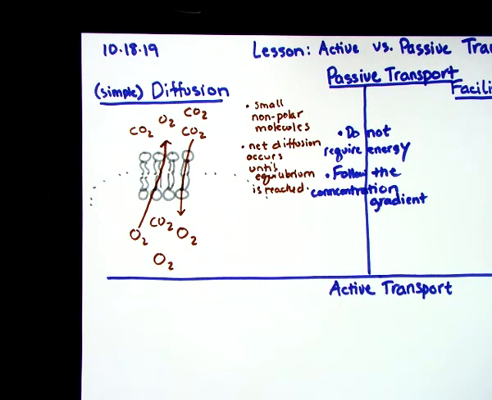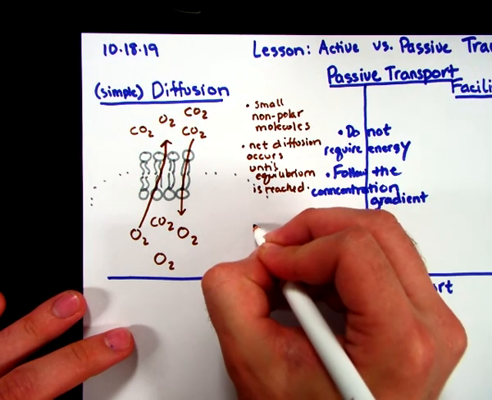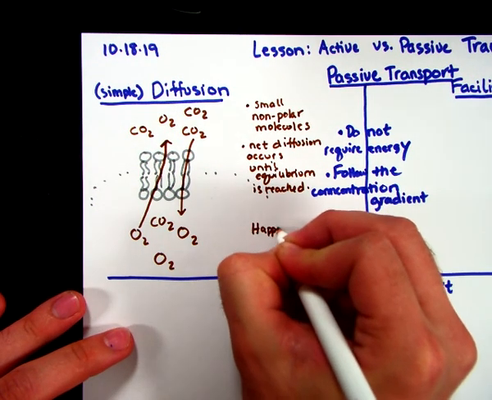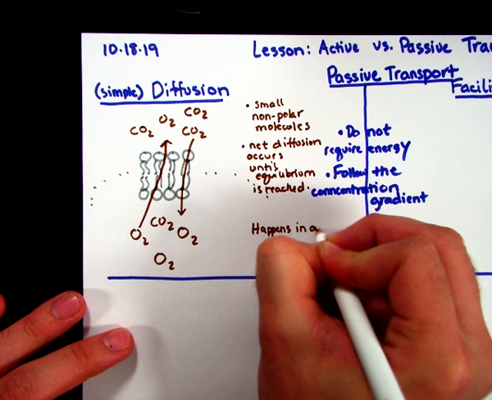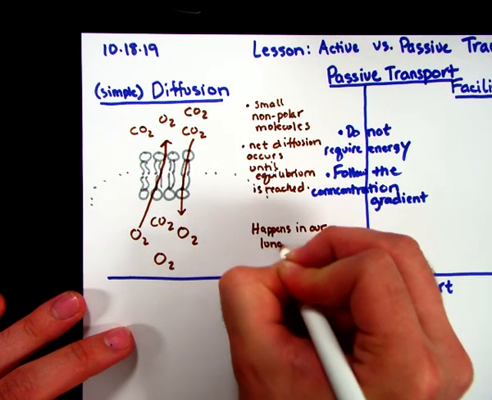So, an application, where do you think this is happening in our body? A whole lot. Where simple diffusion is happening a whole lot. What do you think, Helene? Our lungs, right? So there are particular cells in our alveoli, which are inside of our lungs. This happens a lot in our lung cells.